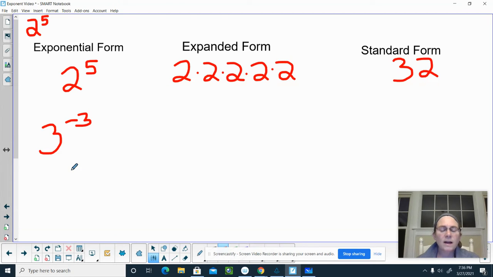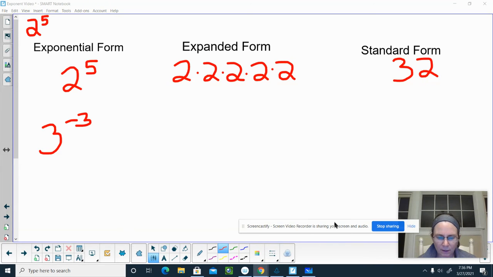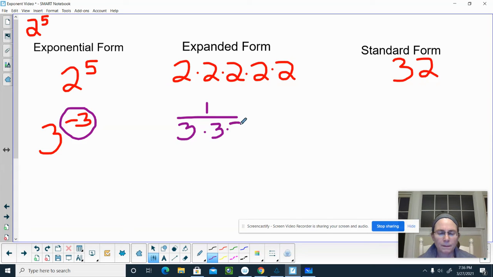It has to do with it being a reciprocal, which means that when you see a negative as an exponent, that is telling you that the numerator is going to be 1 and the denominator is going to be 3 times 3 times 3.